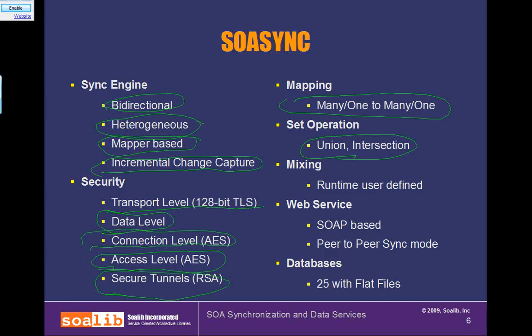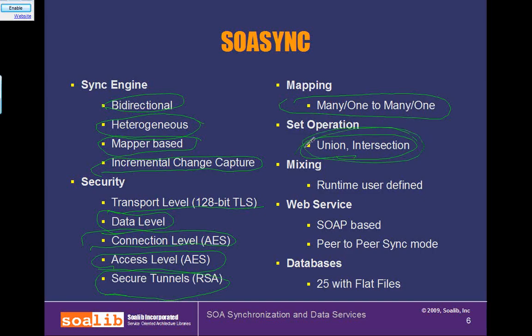For example, I can unionize a source database MySQL and another source database like Oracle into a target database, which is DB2. So we have two different vendor databases merging into a third vendor database, unionizing, or intersecting.